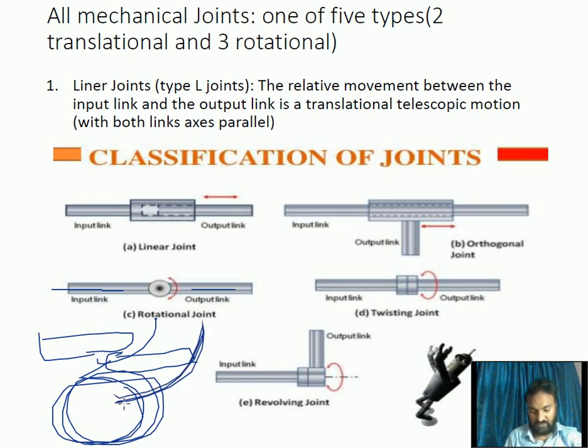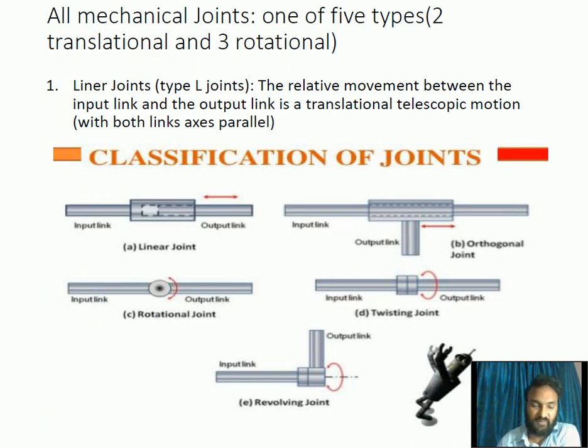The upper one is input, the lower one is output, and the axis is normal to them. This one is the axis of rotation, so it is normal. Then twisting joints, which are also called T type.